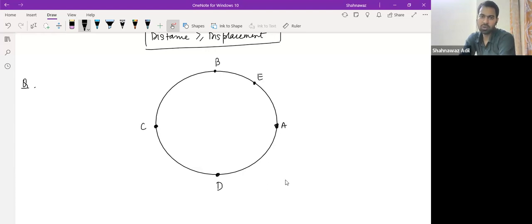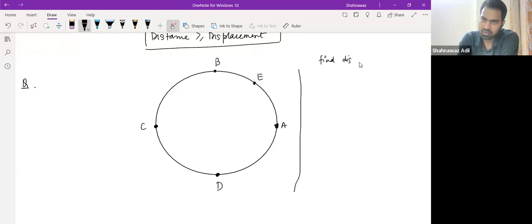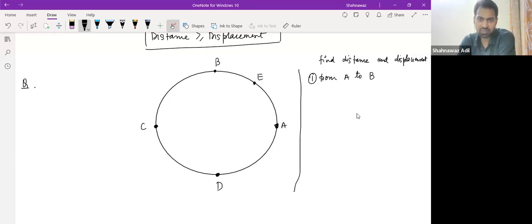So we have to find distance and displacement, and only the magnitude. Find distance and displacement first from A to B, where we know that this distance is, let's say, 10 meters.